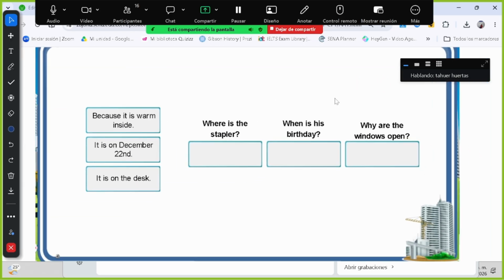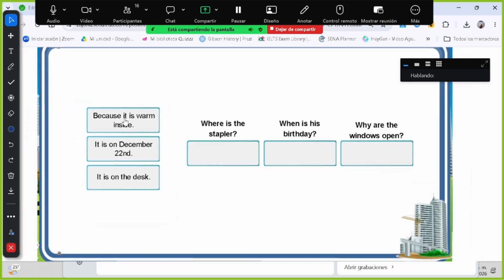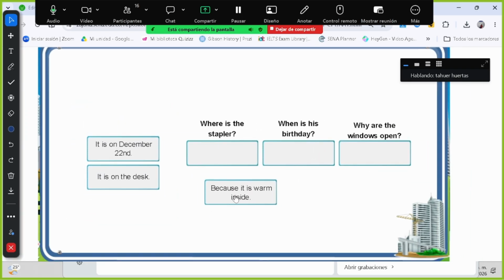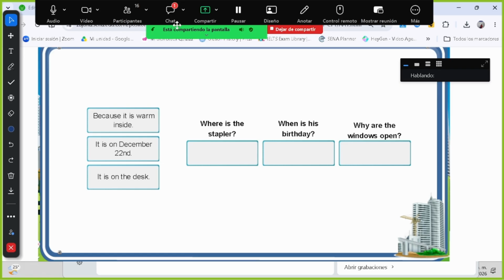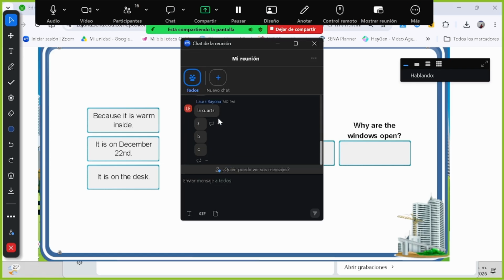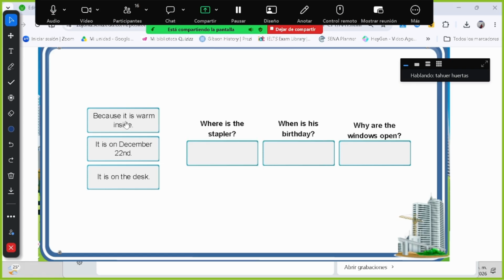More questions. Because it is warm inside. Where is the stapler? When is his birthday? Or why are the windows open? C. Correct.